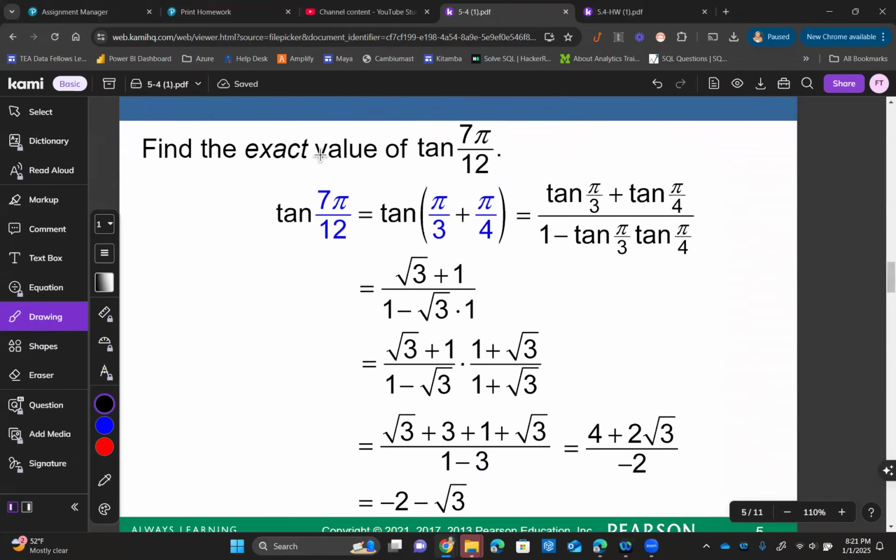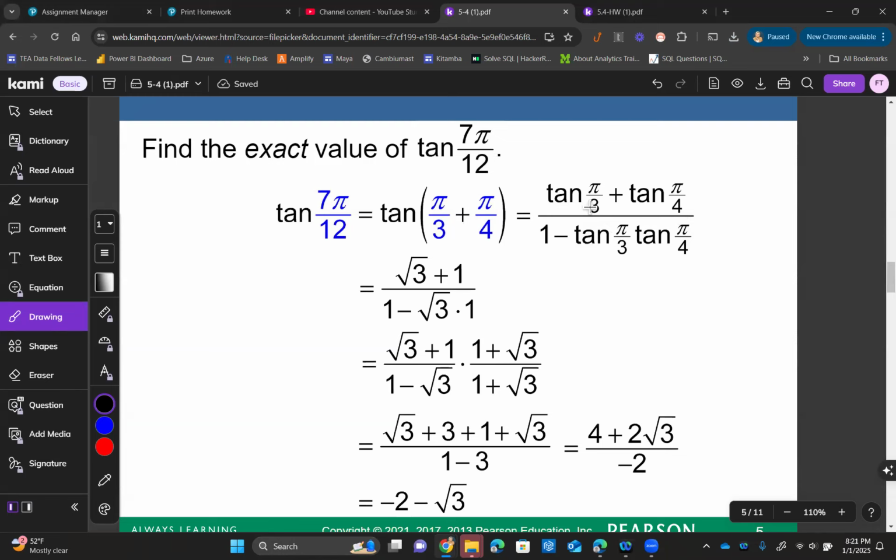Now let's model the formula for tangent of 7 pi over 12. We can recognize that 7 pi over 12 is the sum of pi over 3 plus pi over 4, and this allows us to change this to an equivalent expression: tangent pi over 3 plus tangent pi over 4, all over 1 minus tangent pi over 3 times tangent pi over 4.